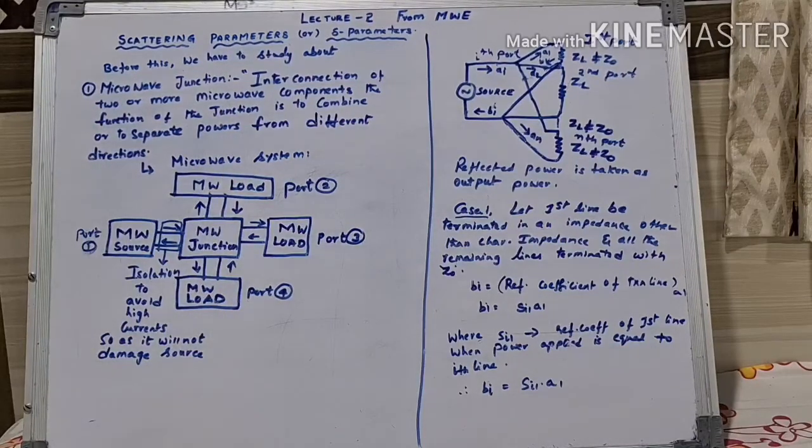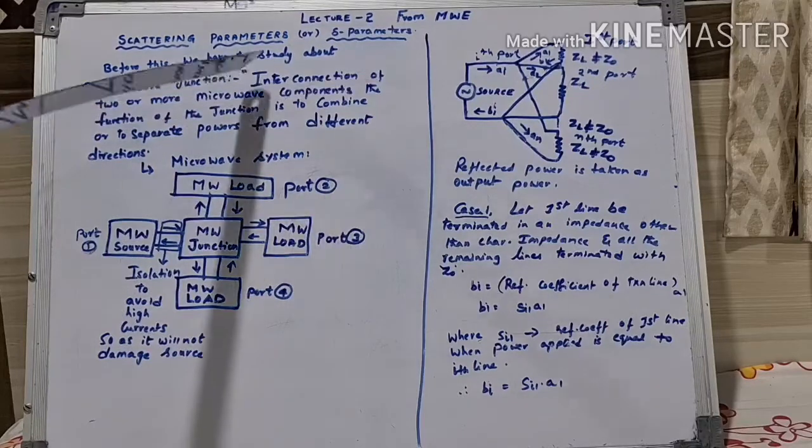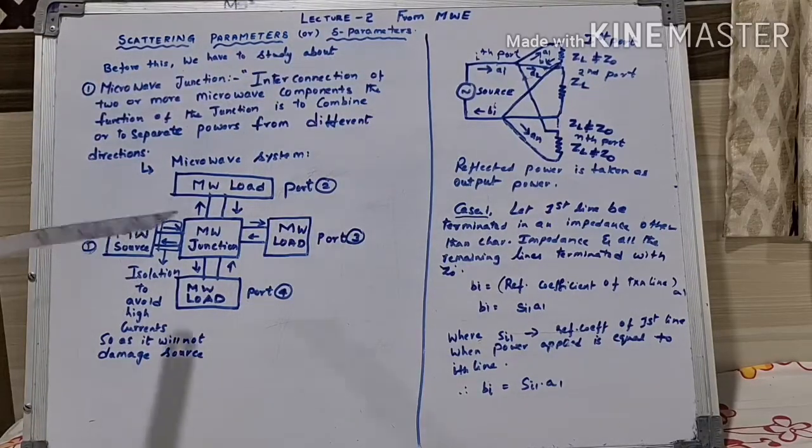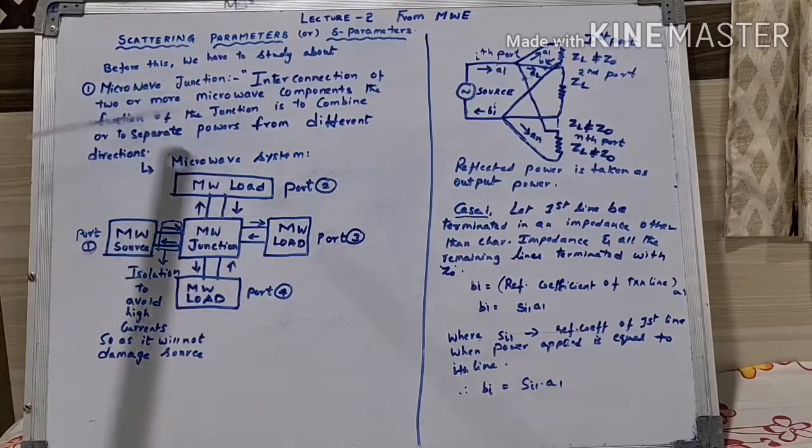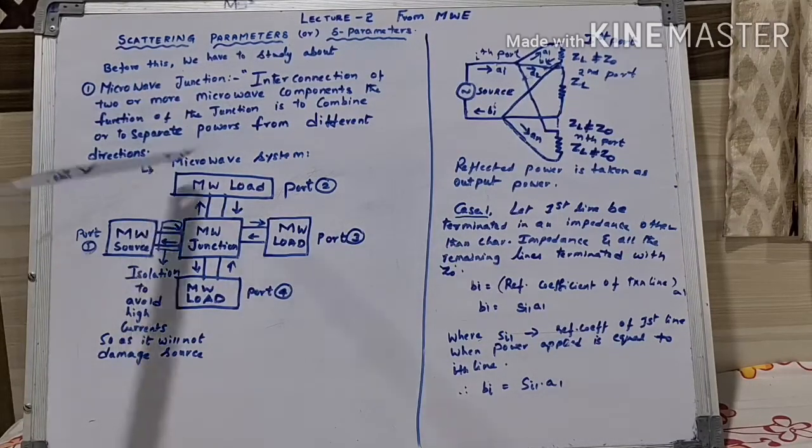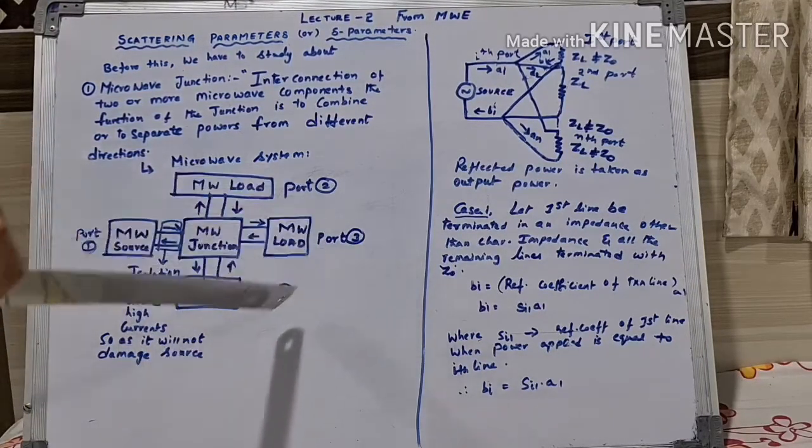Microwave junction. It is defined as interconnection of two or more microwave components, and the function of this junction is to combine or to separate powers from different directions. So this is a microwave system.